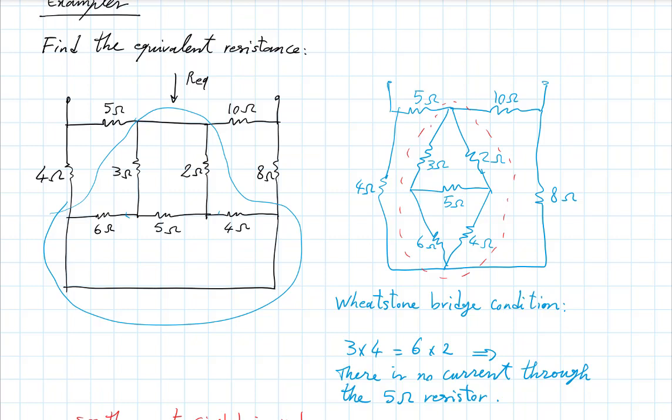And by the way, you see immediately that the outer Wheatstone bridge, the bigger chunk of the circuit, forms the bridge regardless of what's in the middle there, right? So even if what I had in the middle did not satisfy the bridge condition, you didn't actually need to solve for what's in the middle to get the answer here. So the answer here is simply 5 in series with 10, and that combination in parallel with 4 in series with 8.